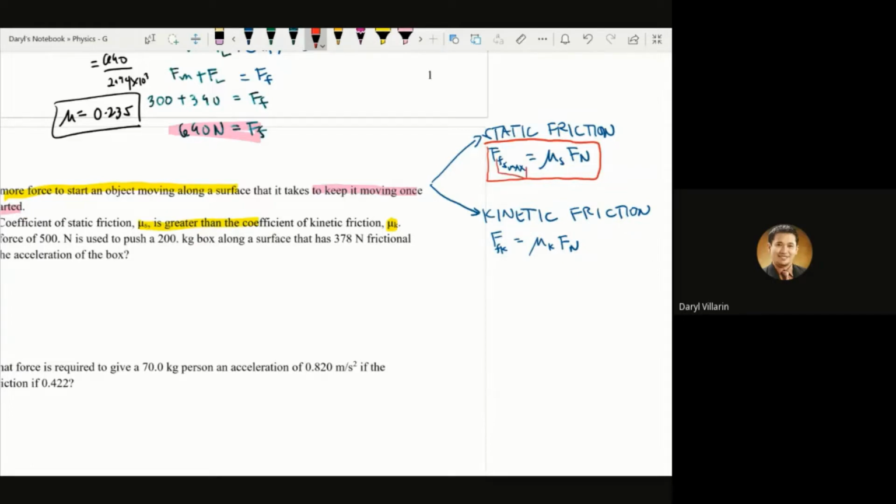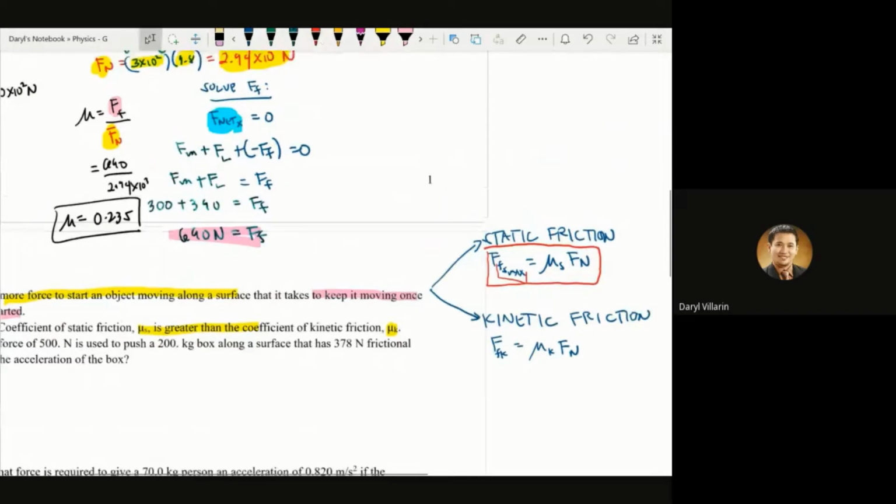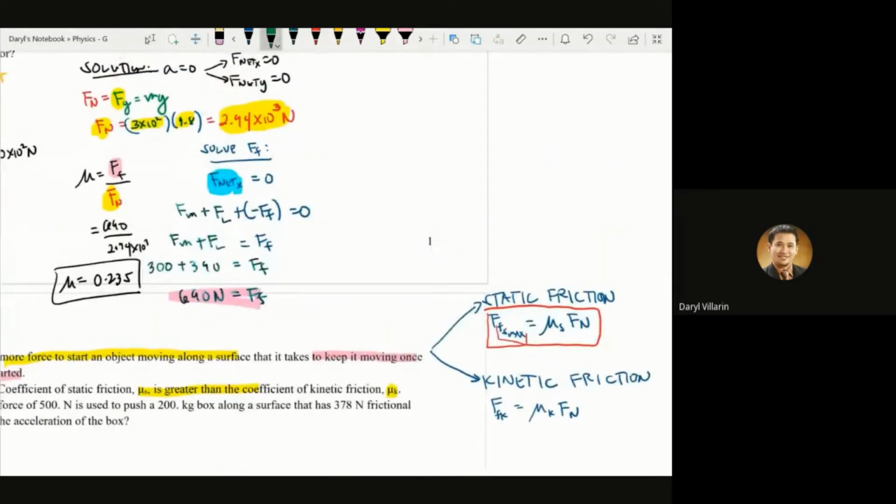Okay? Because let's say, for example, you have an object lying horizontally on a surface. We know that you have several forces here, Fg and Fn, and let's say, in this case, the maximum static friction is equal to 50 newtons.